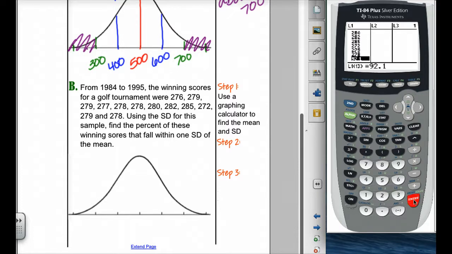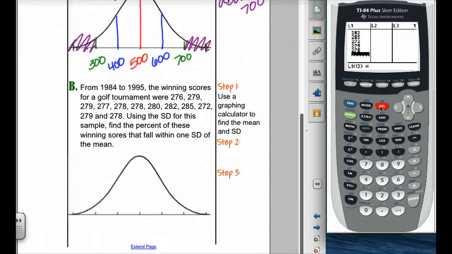Hit enter, and then I'm going to clear that one out. There we go. So now we have our data in here.